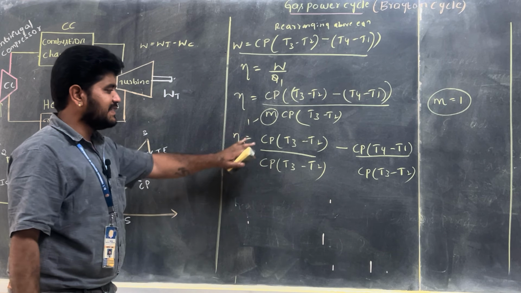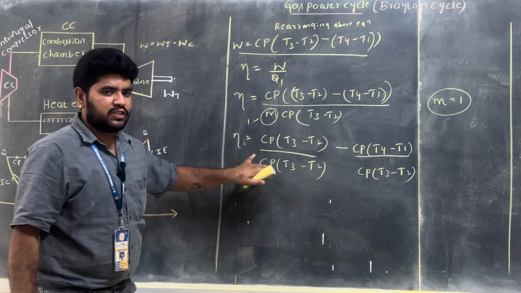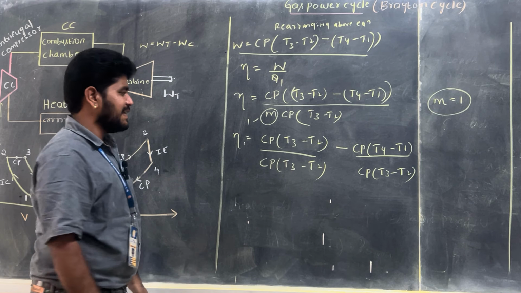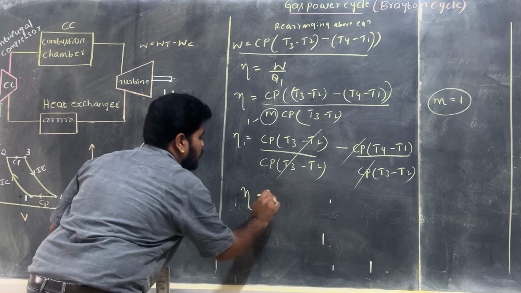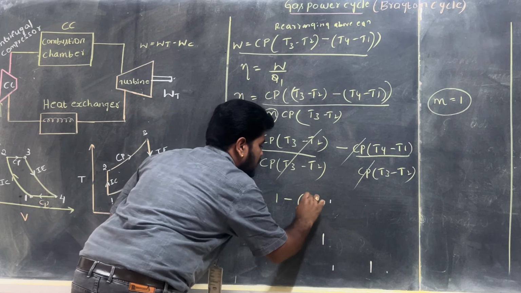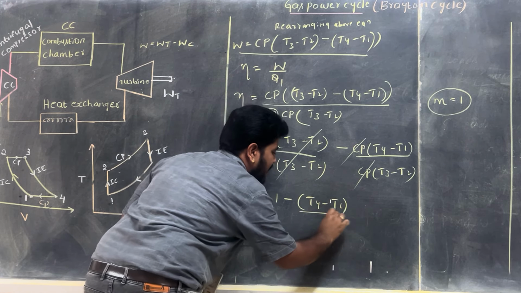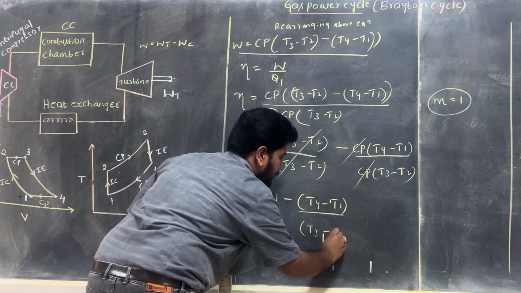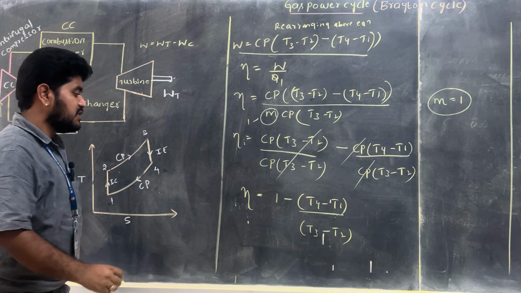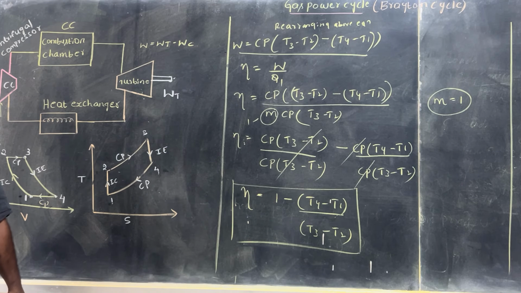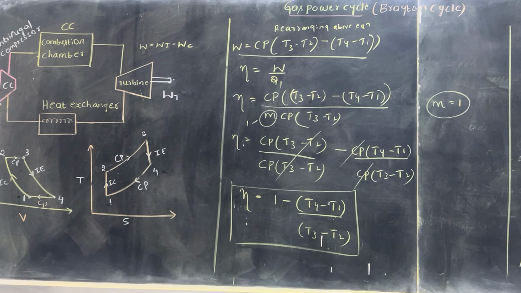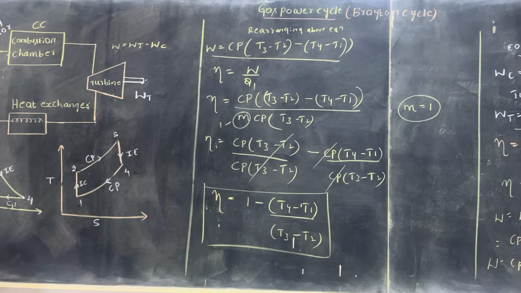Now Cp into T3 minus T2 cancels, Cp cancels. So efficiency is equal to 1 minus T4 minus T1 divided by T3 minus T2. This is the first important formula you should keep in mind: efficiency is equal to 1 minus T4 minus T1 divided by T3 minus T2.